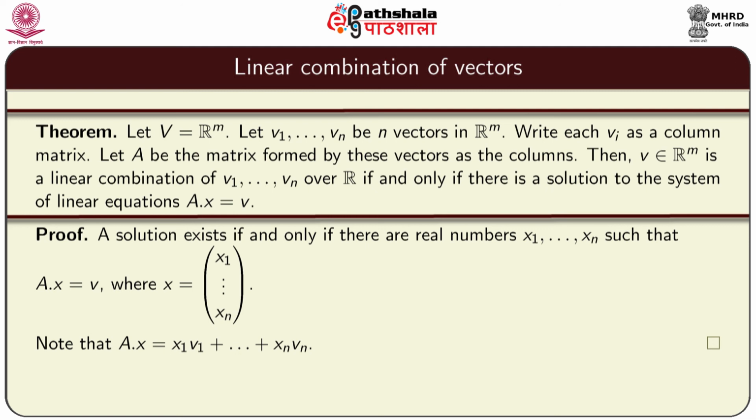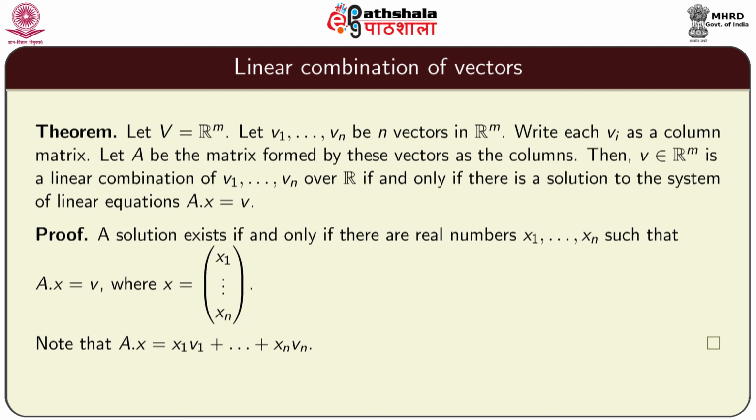Therefore, there will be m rows and n columns. Now, the statement is that a vector V in Rm is a linear combination of V1, V2, Vn over R if and only if there is a solution to the system of linear equations A dot x is equal to V.